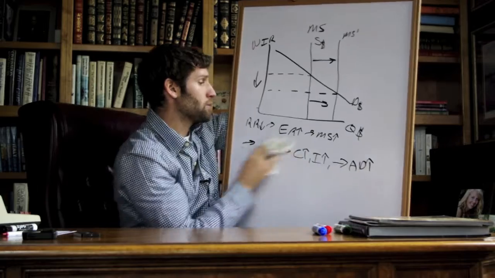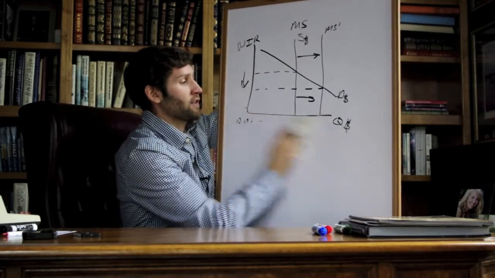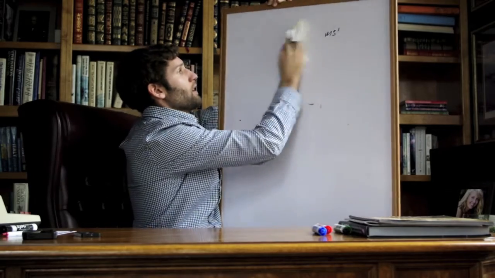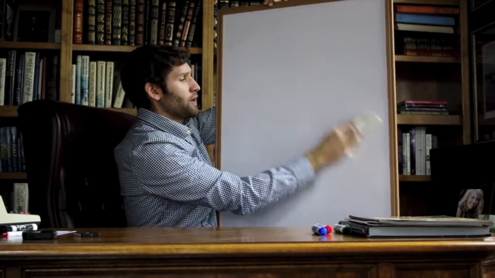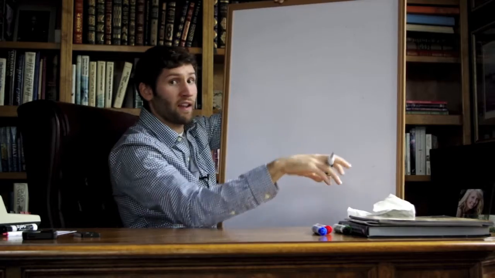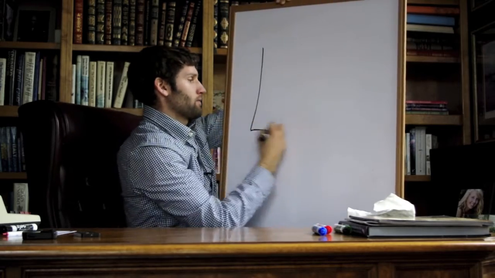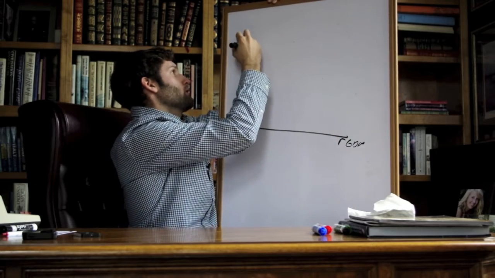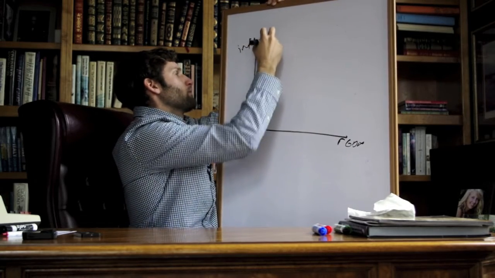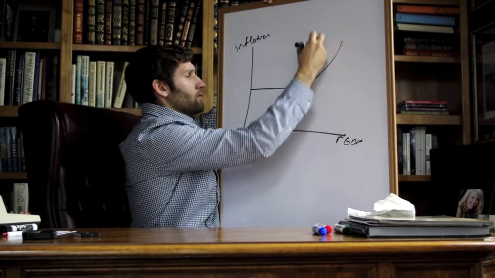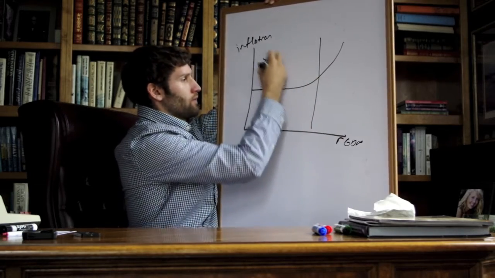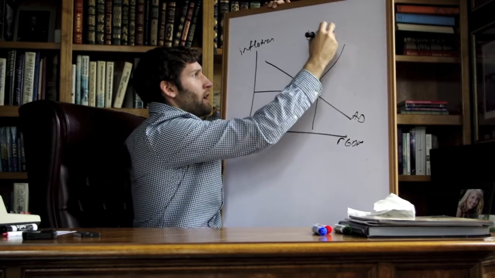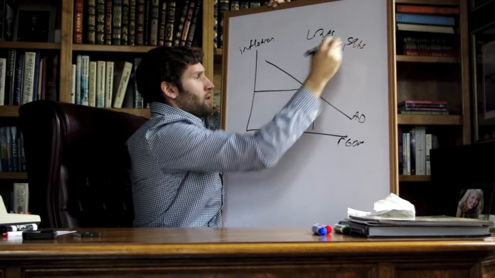So, say we look back at our aggregate demand, aggregate supply graph. Well, if we're looking at that graph, what situation might we be in that we want to then increase aggregate demand? Here we have our real GDP. Here we have inflation. Here we have aggregate demand, long-run aggregate supply, and short-run aggregate supply.